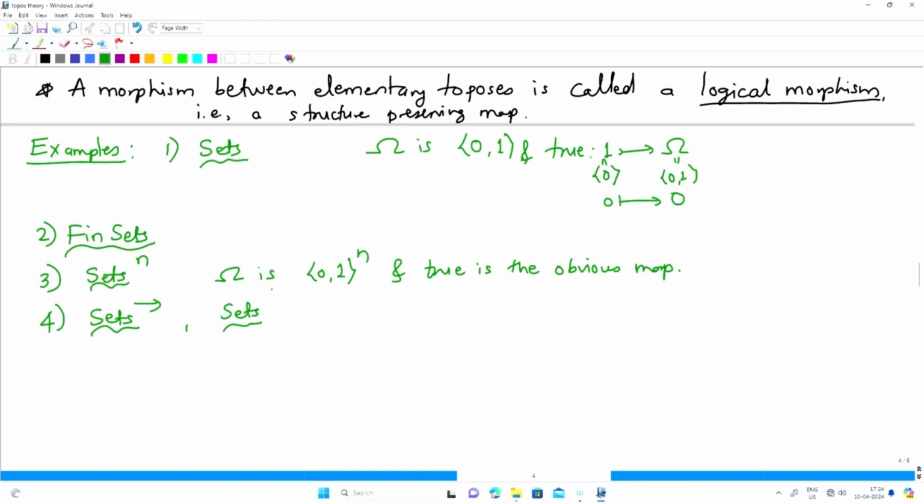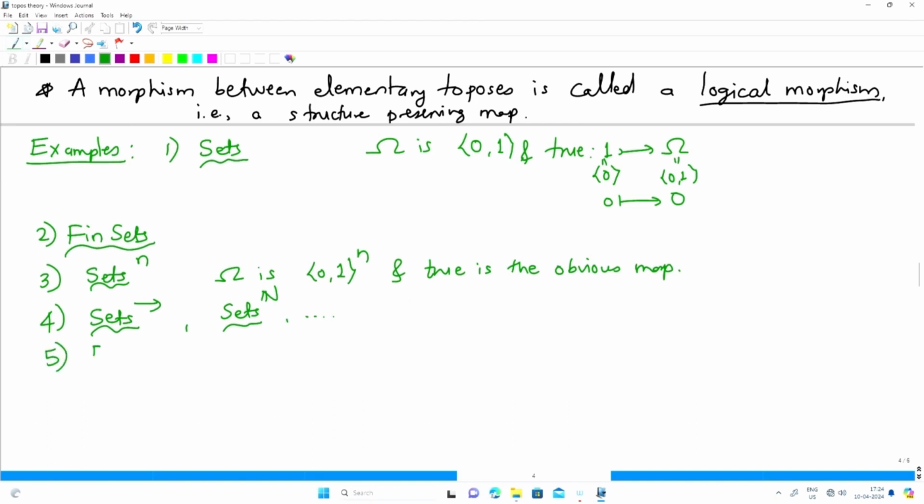Arrow is, you remember, the category of arrows? The arrows in sets, the functions, are the objects and the commutative squares are morphisms. In a similar spirit, you can also do sets to the power N, natural numbers. In fact, why stop here, right?